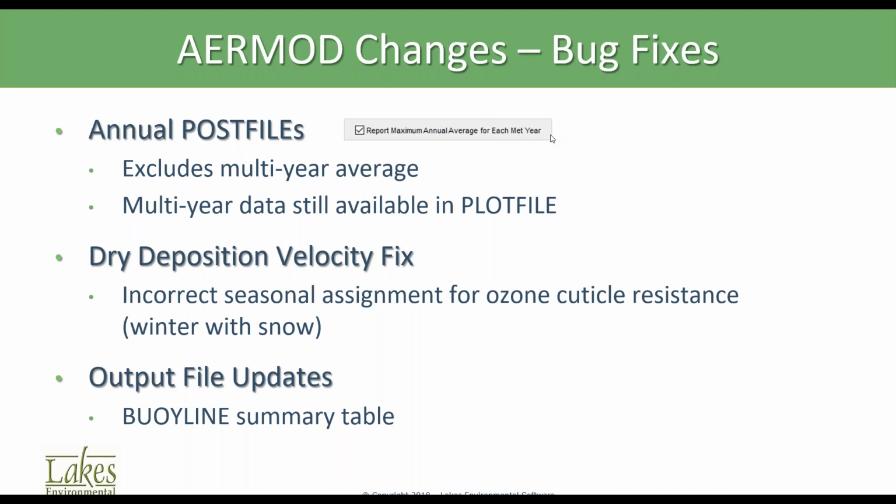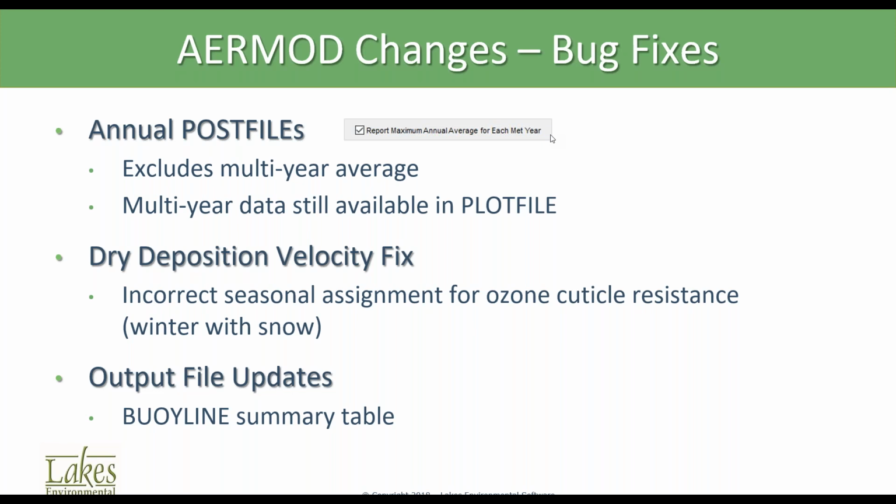In all versions up till now, the annual post file would report maximum annual averages for each year from a multi-year run, and it would also include the multi-year average. In this release, they've removed the multi-year average from the post file itself. If you need the multi-year annual averages from a run where this option is enabled, you can get those from the plot file output instead of using the post file output.